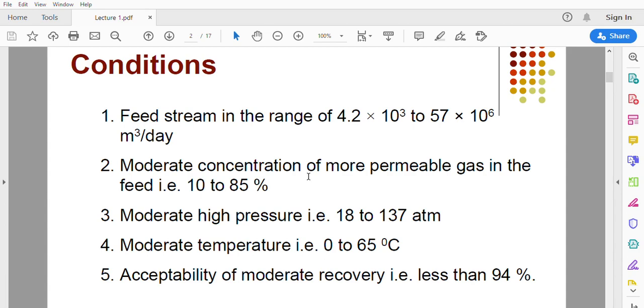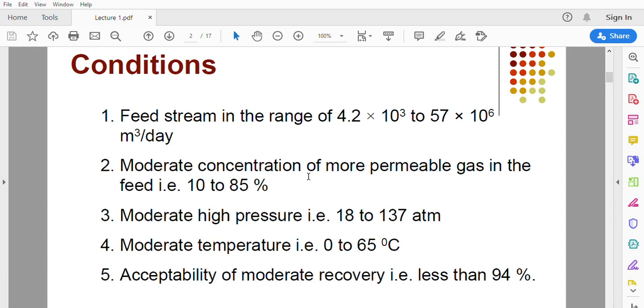This process is specifically used to separate a gas present in moderate concentration. Why? Because the permeability of the membrane for both gases is nearly the same. It cannot be very different. So you cannot separate a gas present at a very minute amount very efficiently using this process.